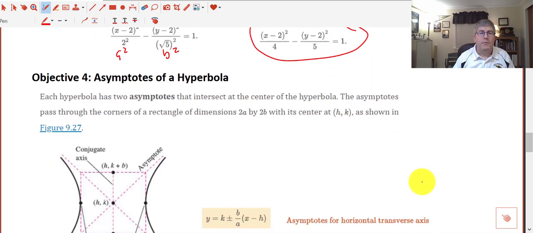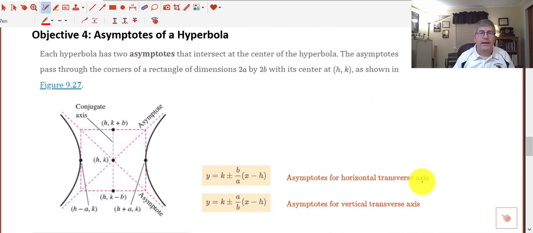One thing that's unique about the hyperbola is its branches will head towards an asymptote. So each hyperbola has two asymptotes that intersect at the center of the hyperbola. The asymptotes pass through the corners of a rectangle of dimensions 2a by 2b with its center h, k, as shown in the figure.